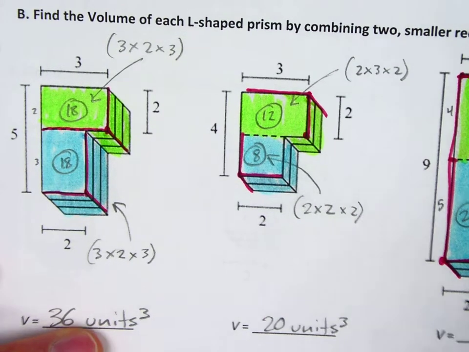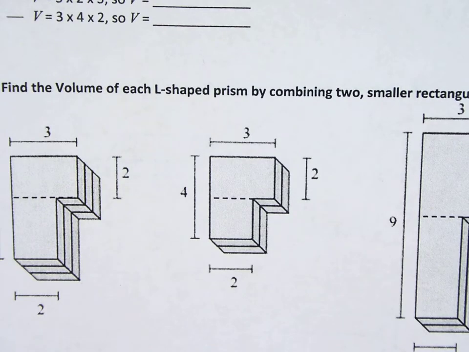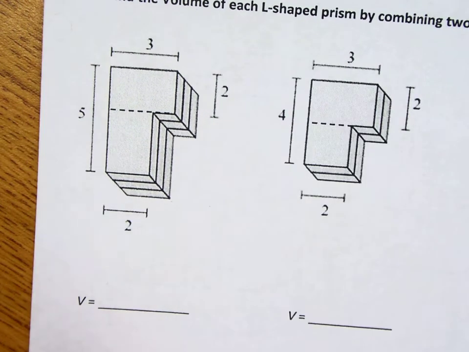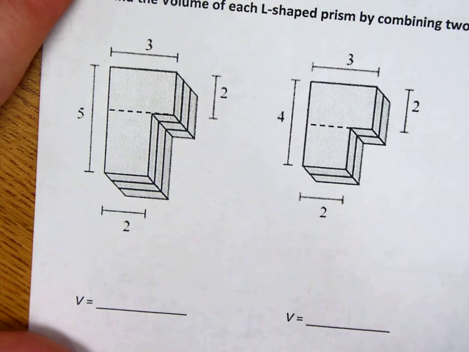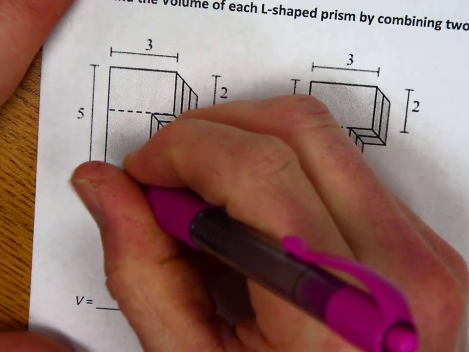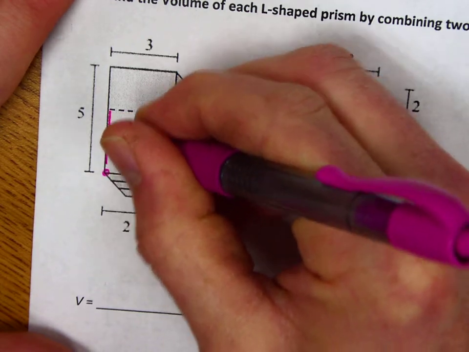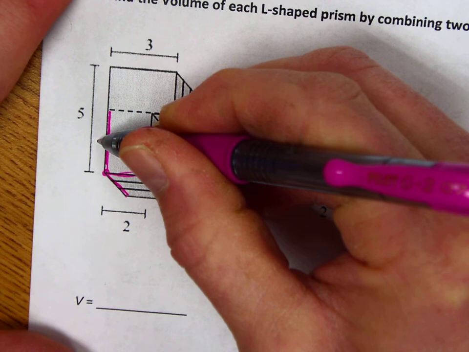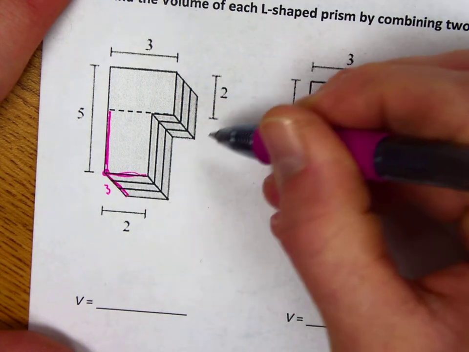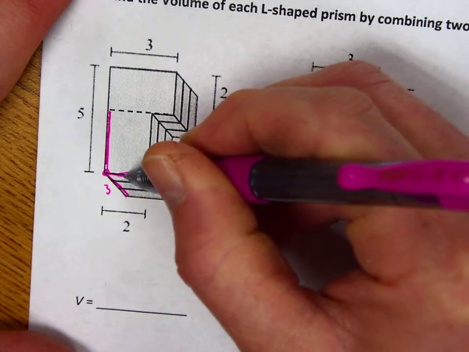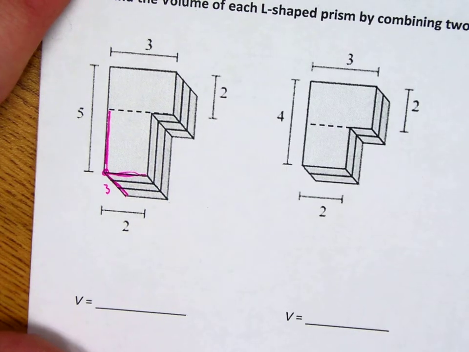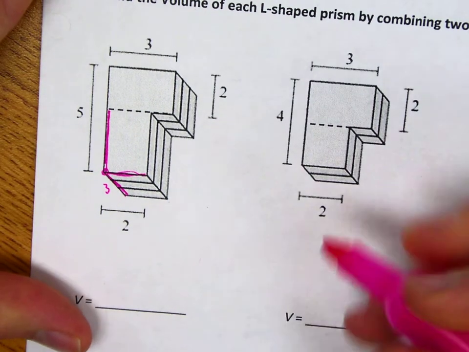I want to go backwards then and show one idea that students struggle with, which is understanding a graphic like this. If they need to find the volume here, and they don't know how to find that side there, they know this is 3, and they're not sure what this side is, and they're not sure what that side is. That's where they often struggle. So we spend time in class really trying to understand this.